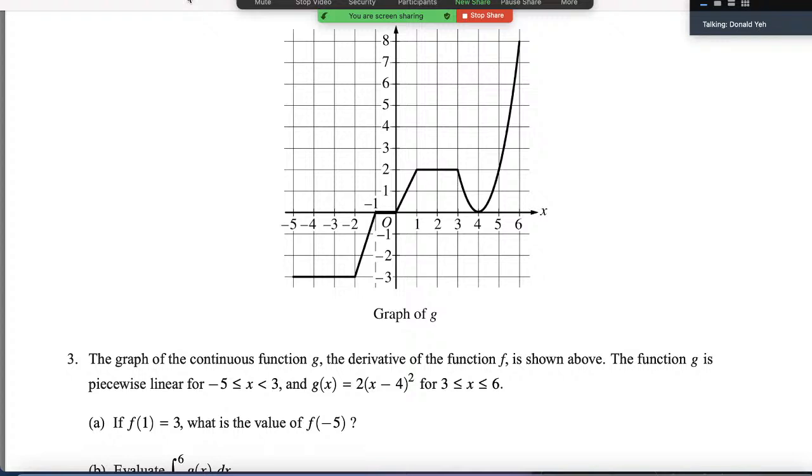Because when you integrate f, it's going to give me g. But the f of 1 gives you a starting point, and the f of negative 5 is the end point. If you integrate something between 1 and negative 5, it's going to give you f of negative 5, which is what you're trying to evaluate, and f of 1 is given.